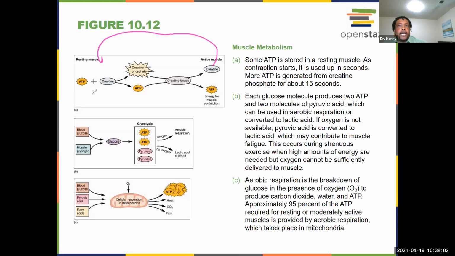So when the muscle is relaxing, we take the ATP, and it binds to creatine. Creatine then is phosphorylated, and it has a phosphate on it. Then we have the creatine kinase, which transfers the phosphate from the creatine back to ATP.